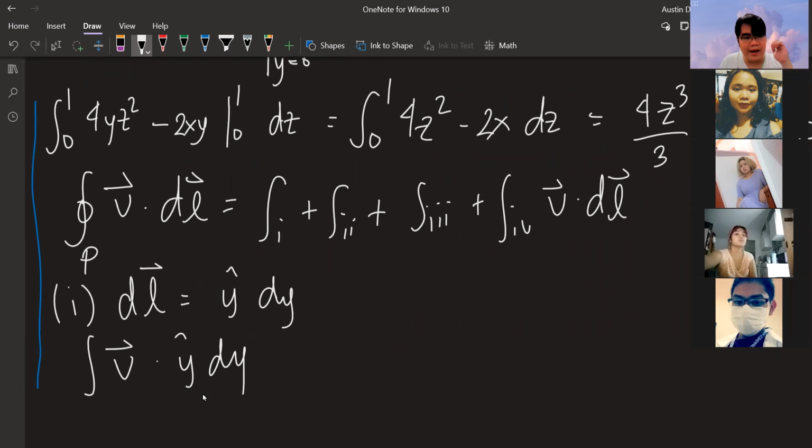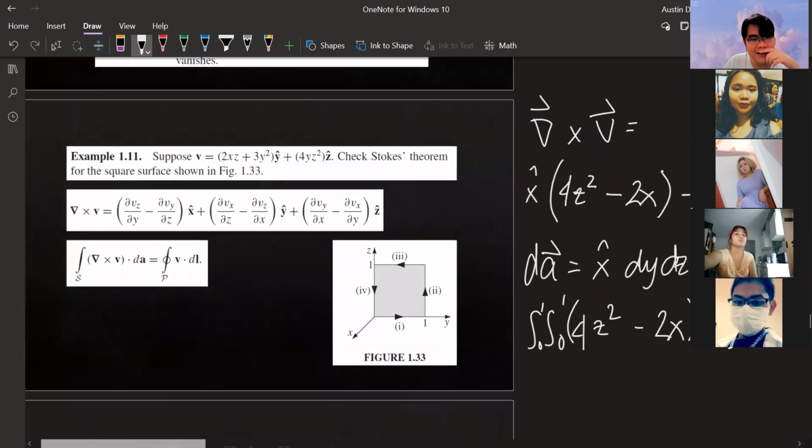Now we need to look at our V, because our V is long, which is this. Oh my God. But we can simplify right away since we know that the path lies on x equal to 0 and z equal to 0, because our line is just here.